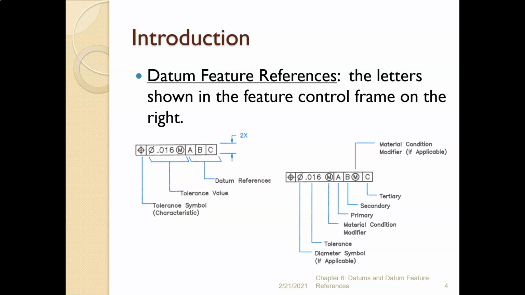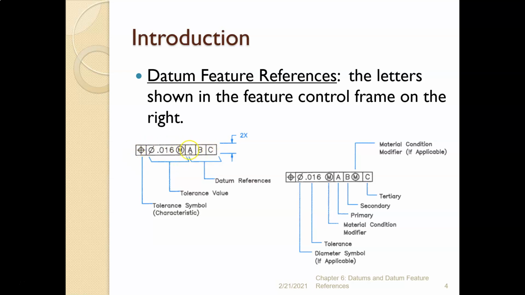So, datum feature references in a feature control frame can be found on the back end, on the right side. In the front, on the left side of the feature control frame, we have the tolerance symbol, and then the tolerance value, and then after the tolerance value, we have the datum references. These are letters shown in the feature control frame to the right of everything else.